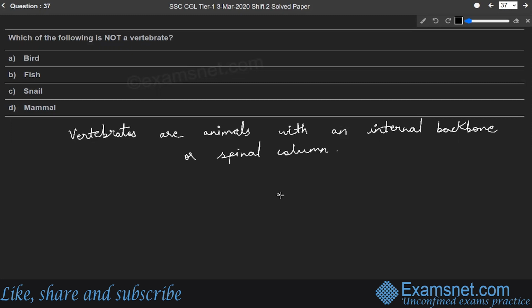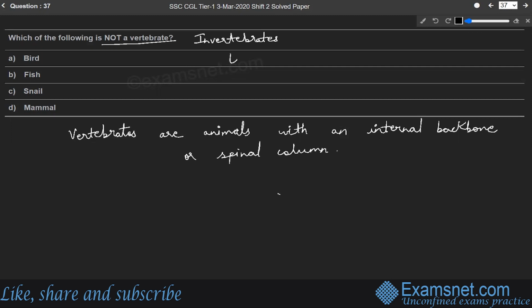But in the question, we have to identify which of the following is not a vertebrate. Animals that are not vertebrates are called invertebrates. They do not have an internal backbone or spinal column.